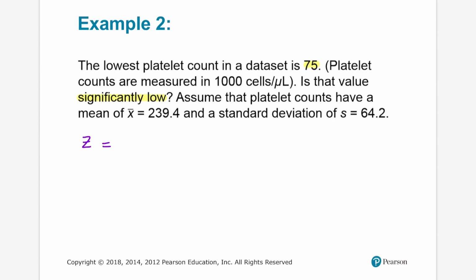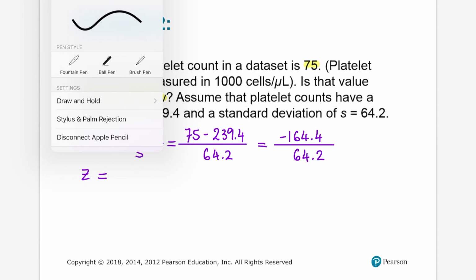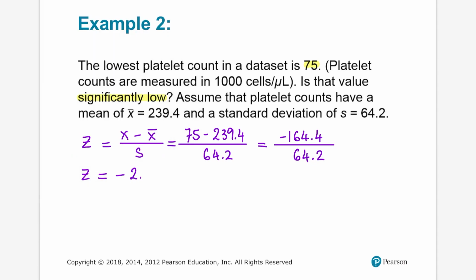So z-score equals x minus x bar over s. My x is 75, my x bar is 239.4, my s is 64.2. And I have negative 164.4 divided by 64.2, and I get negative 2.5607476664.